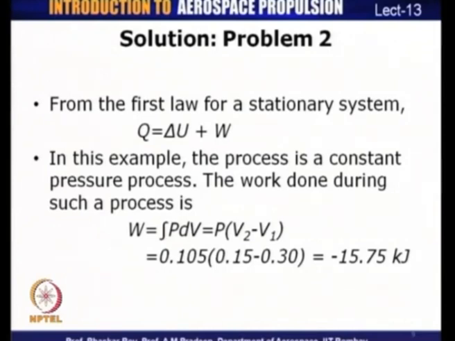And so, 0.105 multiplied by 0.15 minus 0.3, which is equal to minus 15.75 kilojoules. We get a negative sign here because there is work done on the system. And so, it leads us to a negative sign for the work done.